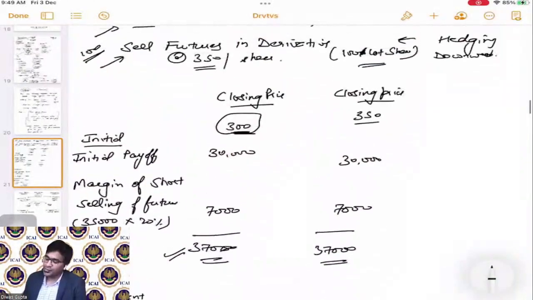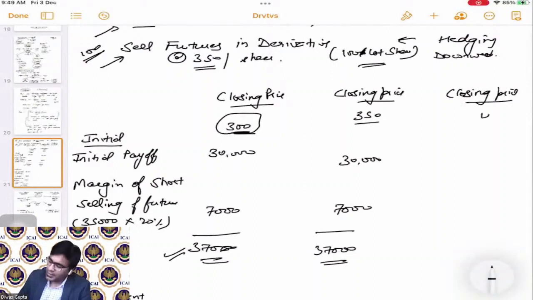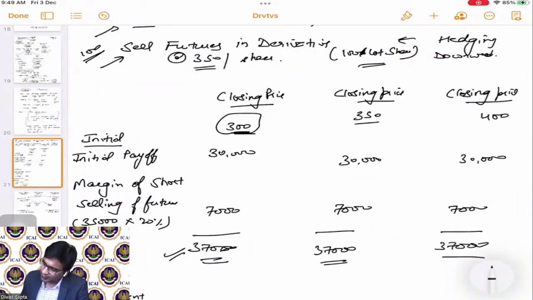Let's prove with a third case also. Take closing price as 400 now. One we have taken lower, one we have taken equal, one we have taken higher. Now the initial will remain the same: 30,000, 7,000, 37,000.